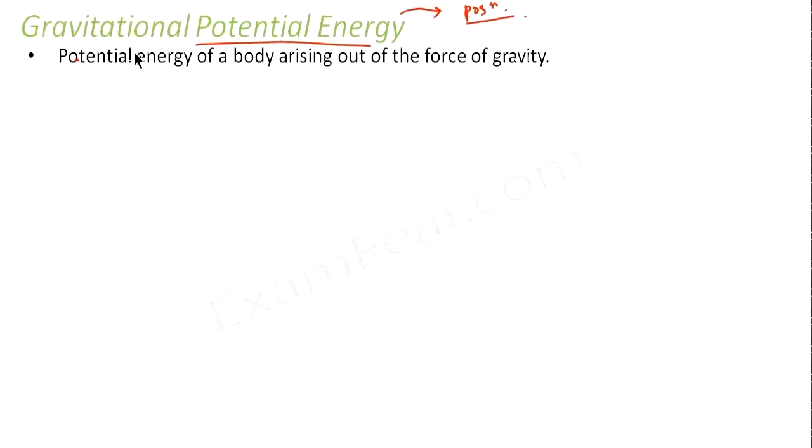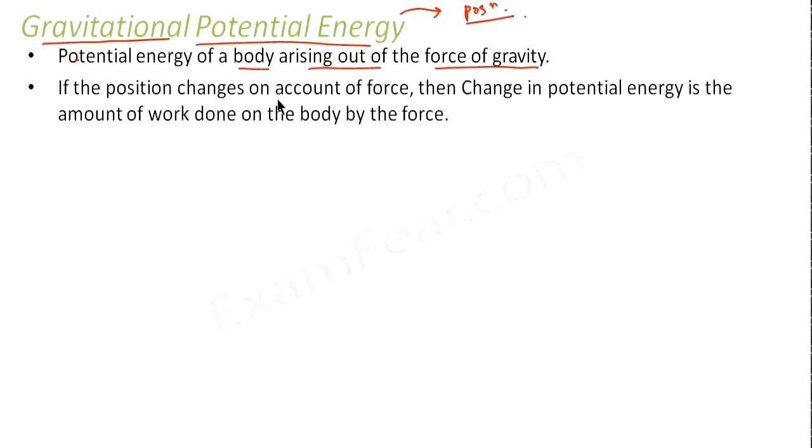So gravitational potential energy can be defined as potential energy of a body arising out of the force of gravity. That means when the gravitational force is acting on a body and that force is resulting in a kind of potential energy, then that potential energy is known as gravitational potential energy.